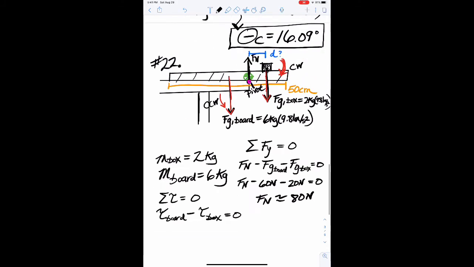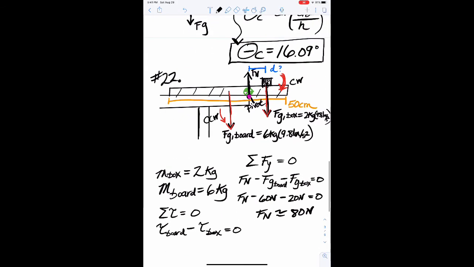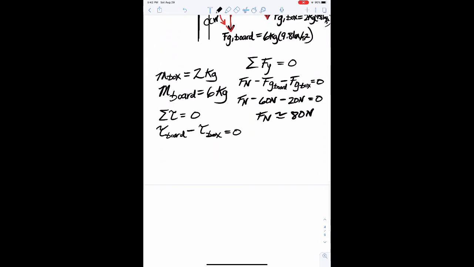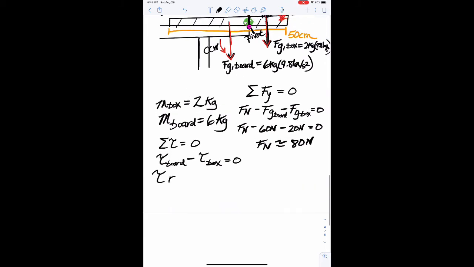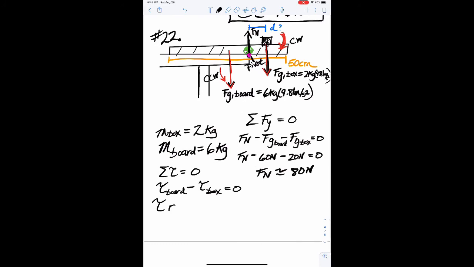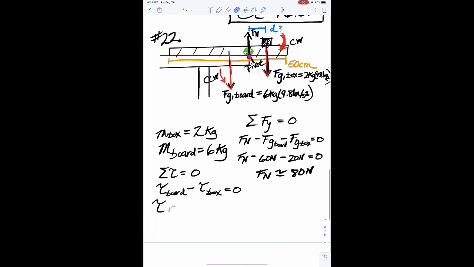We know that both of these forces are acting at 90 degrees, so sine 90 is what's going on. Torque is equal to R cross F, which is the distance to the pivot. Instead of using R, I should probably just go ahead and write it.